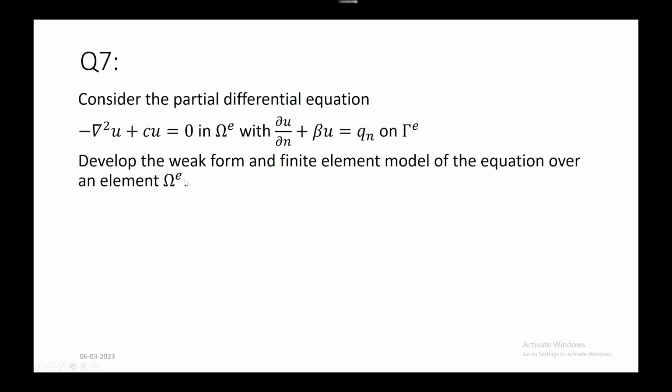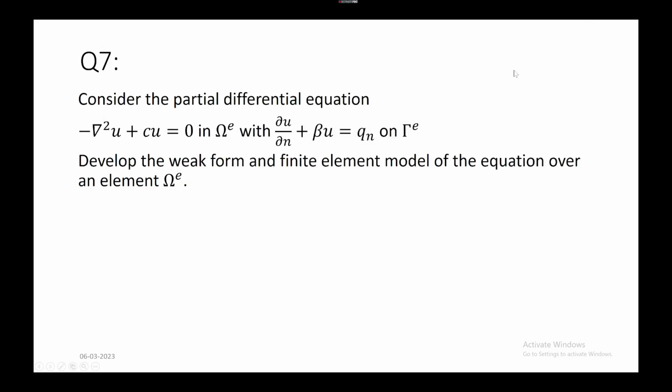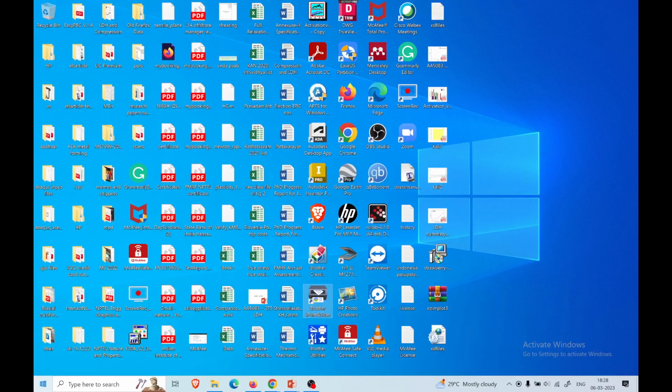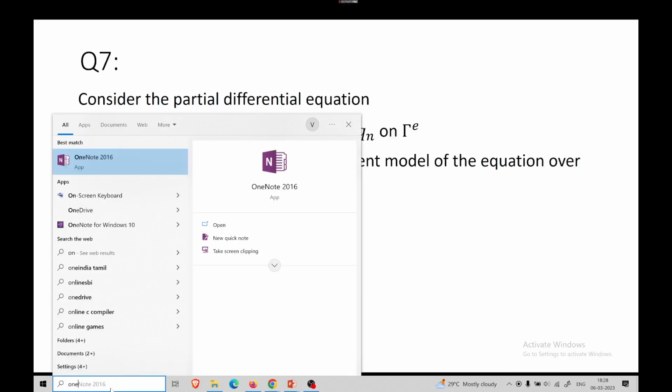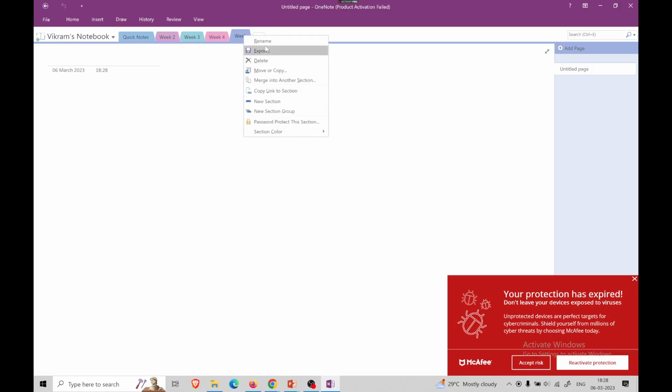So I will just go to the notes part and open the notes. This is week 5.